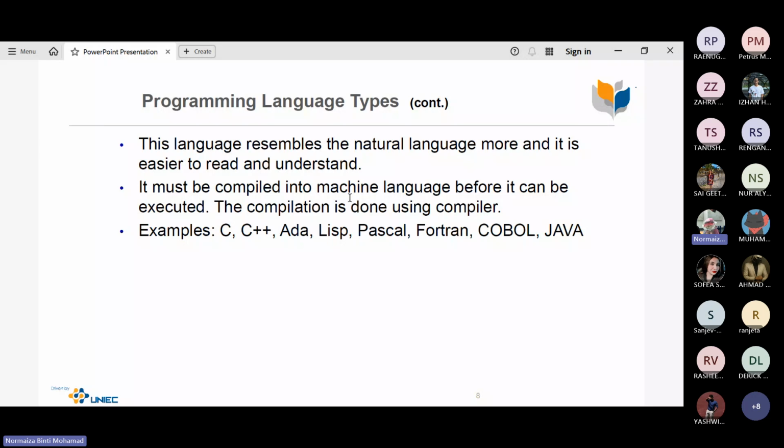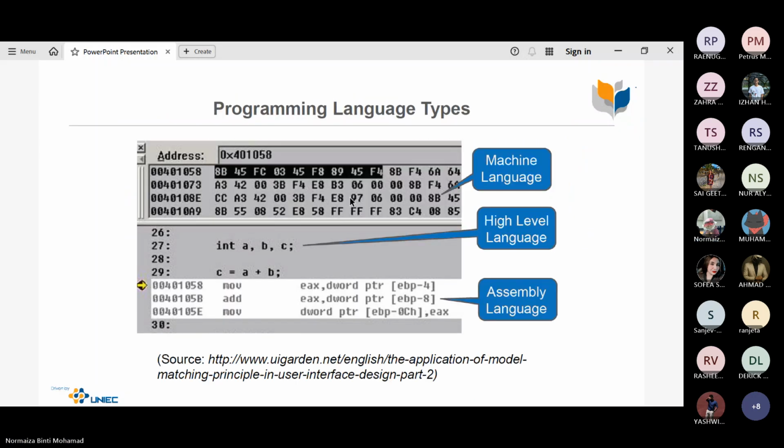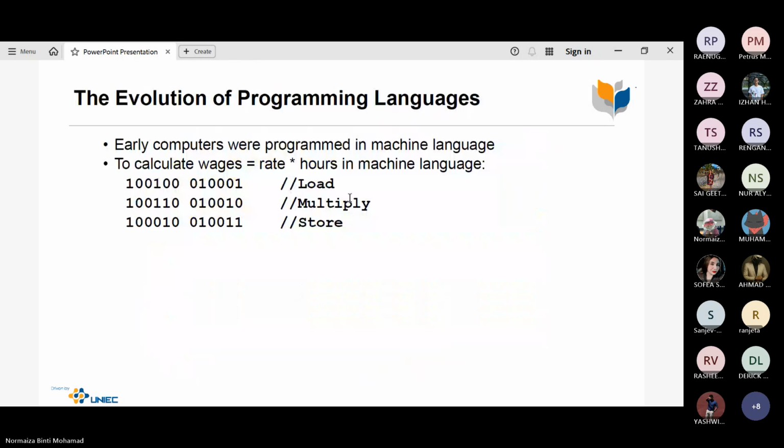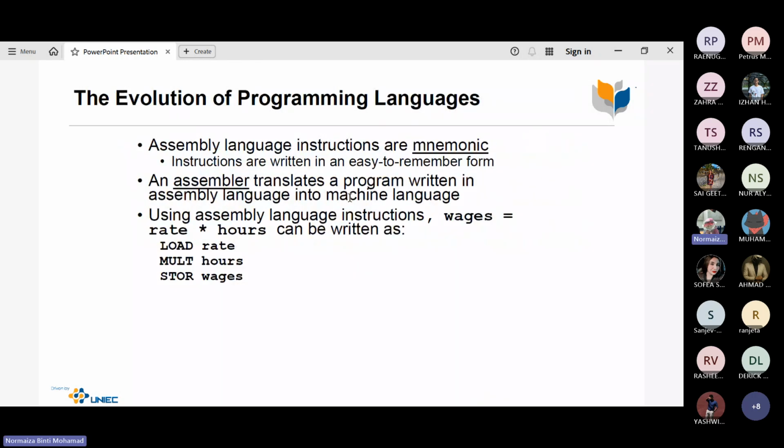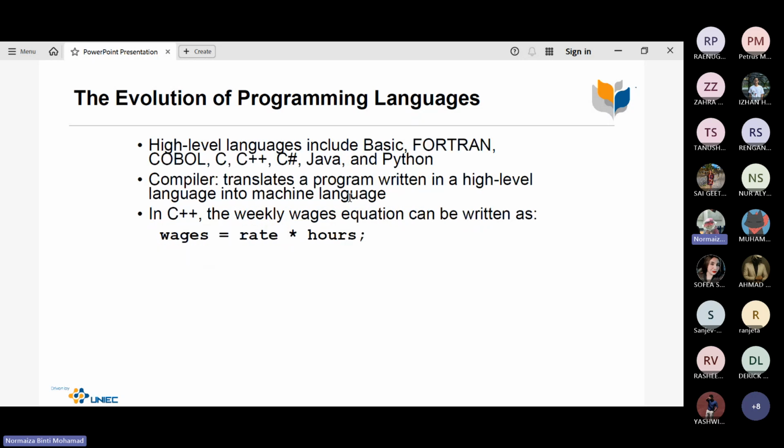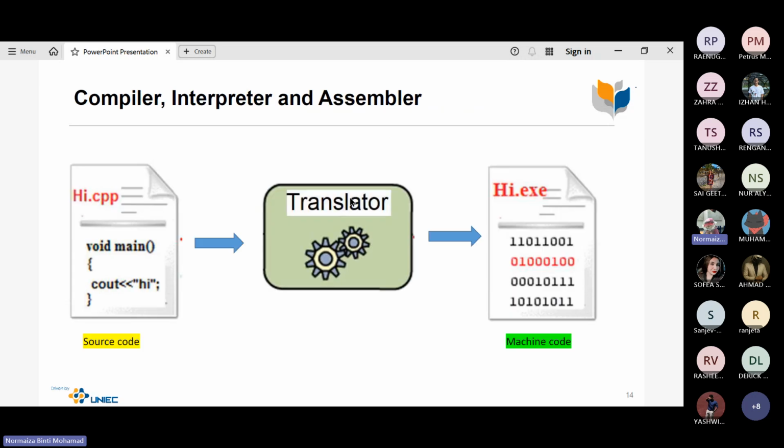Programming language is compiled into machine language. Assembler translates programs from assembly language into machine language. Compiler basically translates programs in a high level language into machine language.